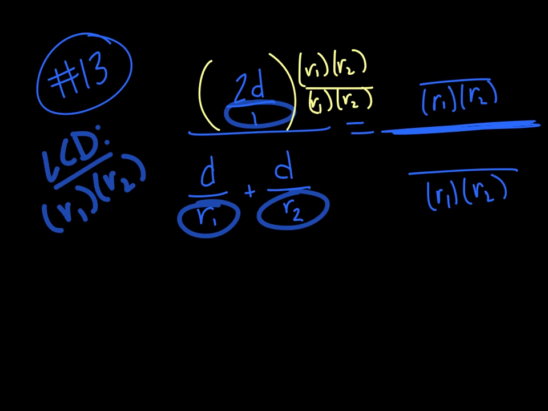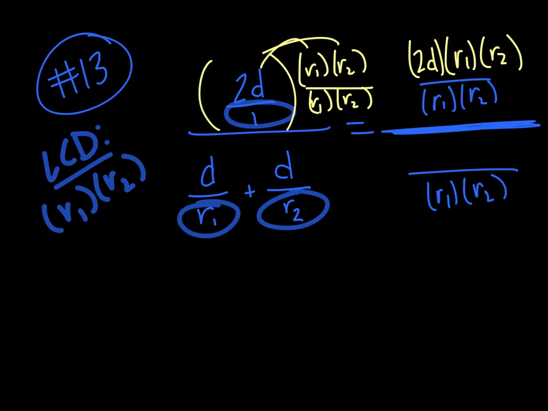So the bottom will just become r1 times r2, and the top will become, I'm just going to write it the same way, 2d times r1 times r2. There's nothing being added or subtracted there, so it can all stay together, being multiplied.